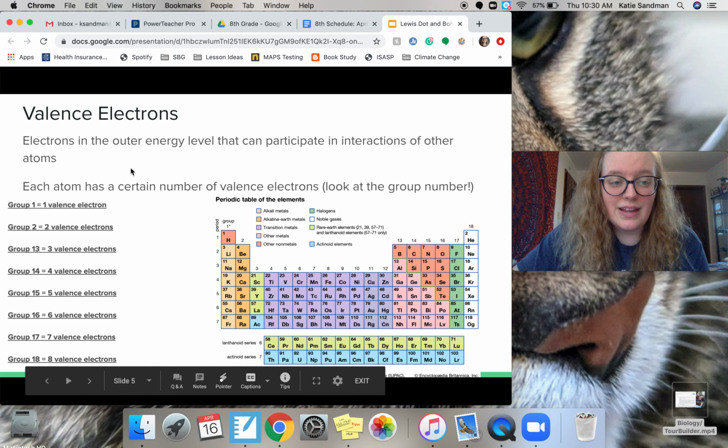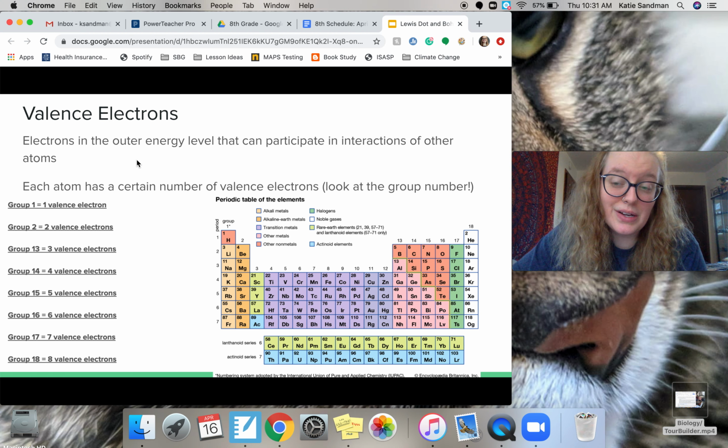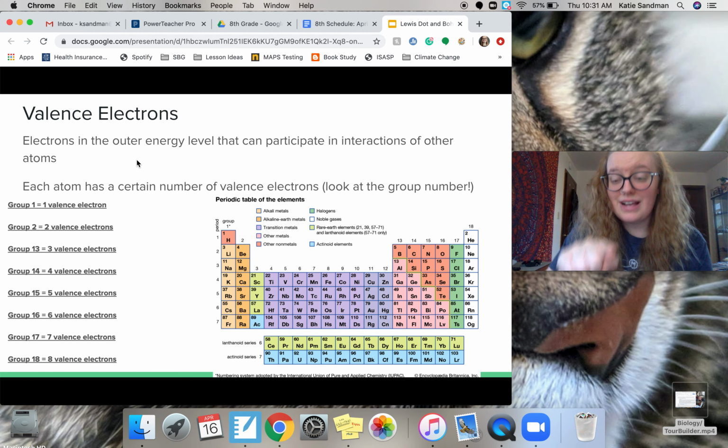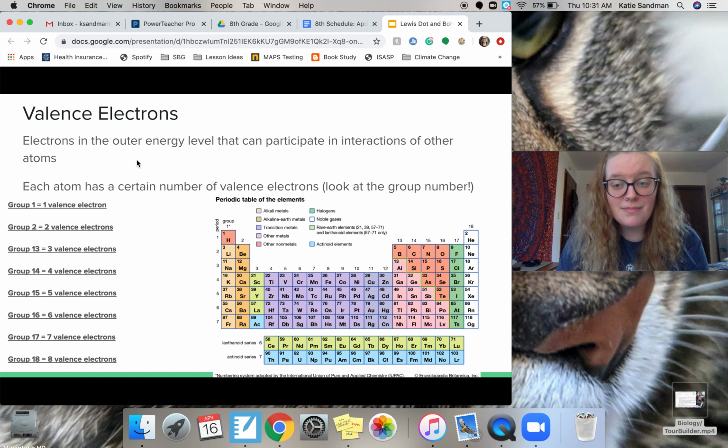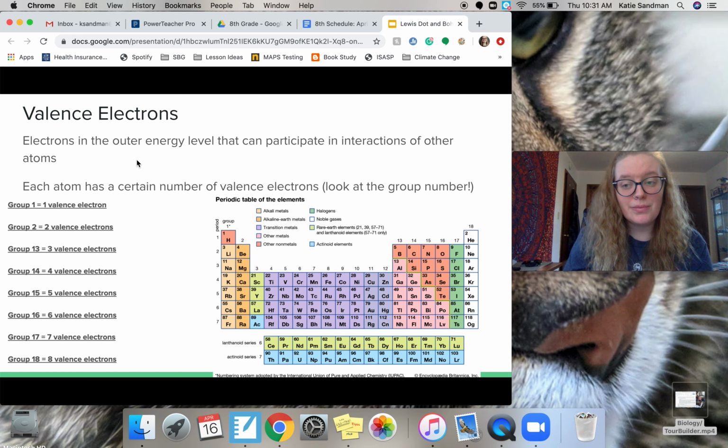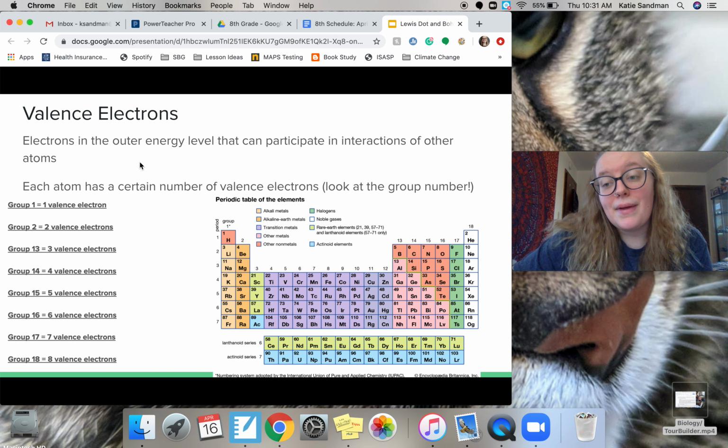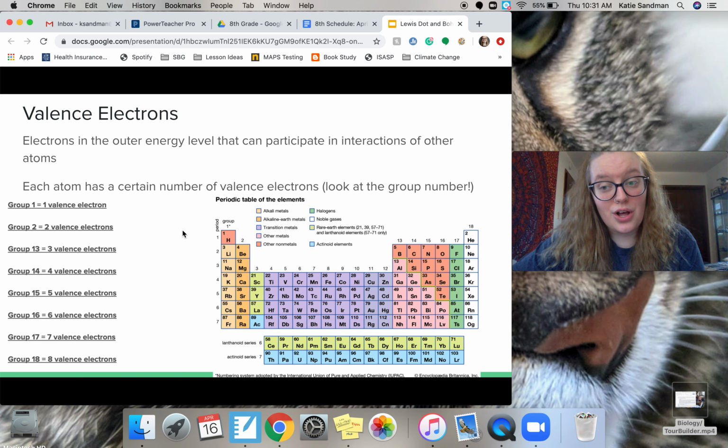And just know that outer energy level is going to make more sense when we talk about Bohr models because there's going to be different rings that go around each element based on where they fall in the periodic table, but we're just going to worry about how many electrons we need to draw around our element here.